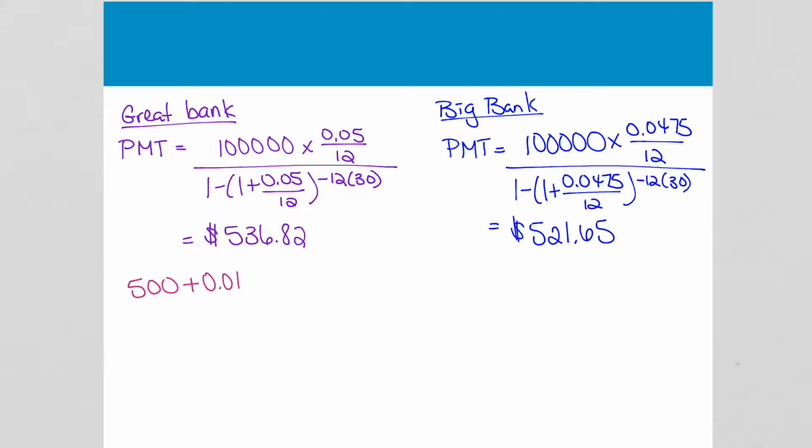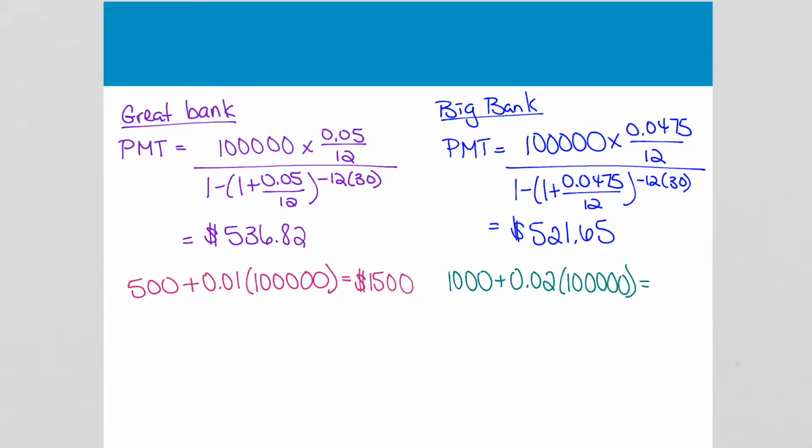So 0.01 times 100,000. That's $1,500 that you have to put down. For Big Bank, you have $1,000 plus 2 points, so 0.02 times $100,000. That is $3,000 that you have to put down.